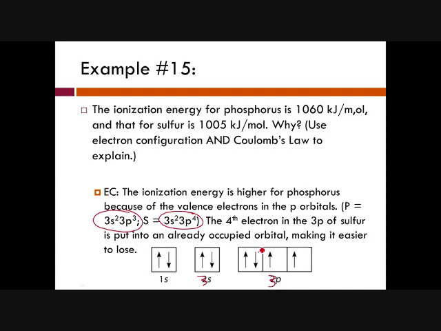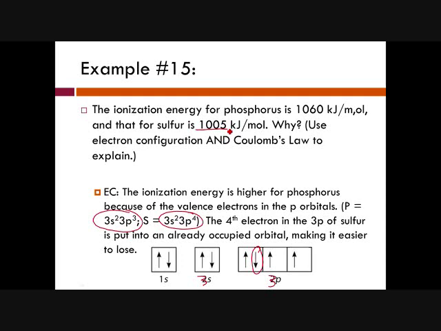Because you have this fourth electron in the 3p, making it unbalanced, it's a lot easier to lose that fourth electron because the teeter-totter is shifted and not balanced correctly. So that's one reason why sulfur has a lower value.